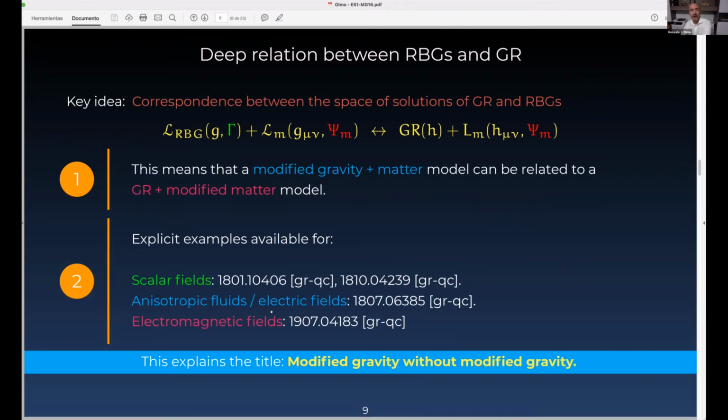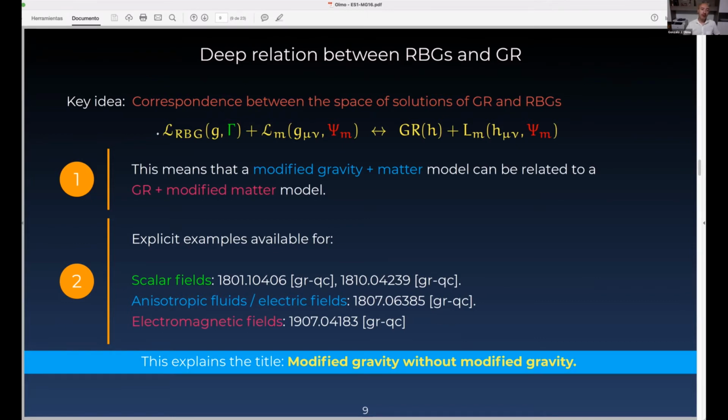Okay. So now let me explain the crucial relation that exists between Ricci-based gravity theories and general relativity that makes them special. The point is that we can find a correspondence between the space of solutions of general relativity and the space of solutions of Ricci-based theories of gravity.